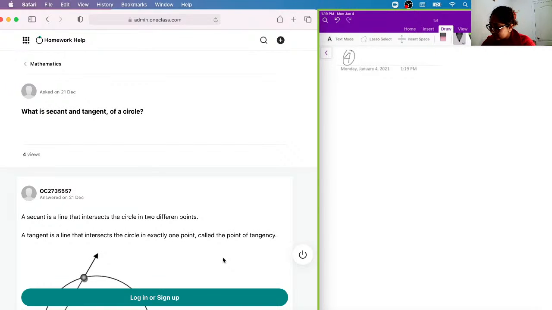Okay, so our next question says, what is secant and tangent of a circle?